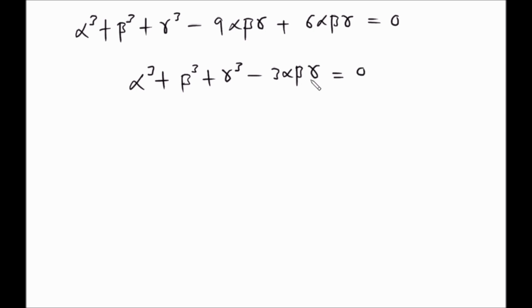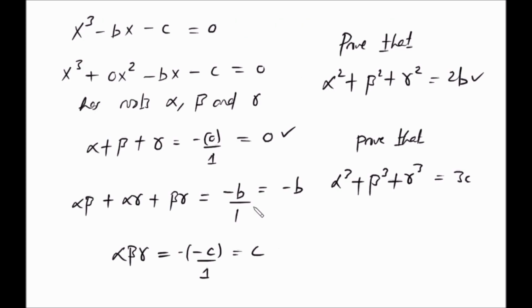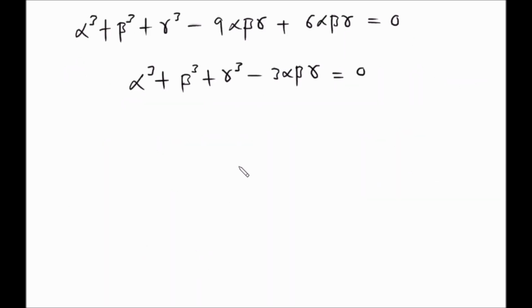Lakini alpha beta gamma ni product of roots ambayo tulisema ni ngapi? Ni nini? Hii hapa tulisema ni C. Kwa hapa kwenye alpha beta gamma tuweke nini?